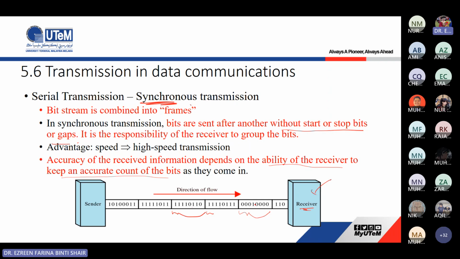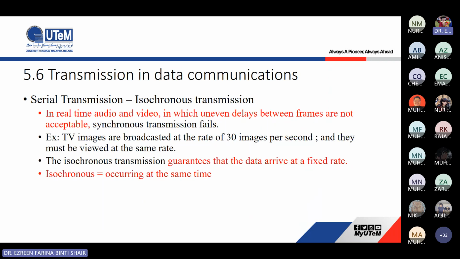And the last one, we have the isochronous transmission. Isochronous transmission is similar to synchronous, but you cannot use synchronous transmission if the application is real time, where you have uneven delays between frames.